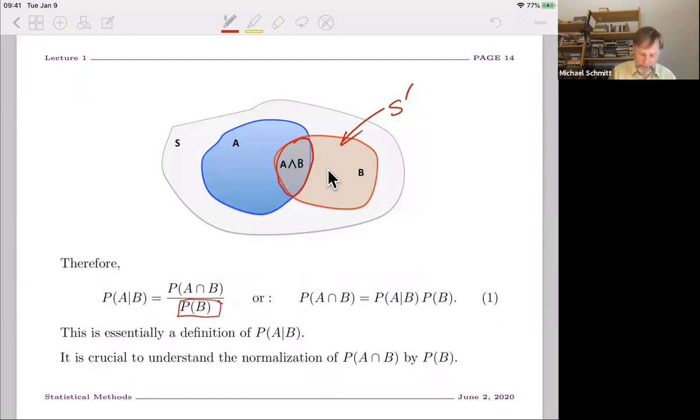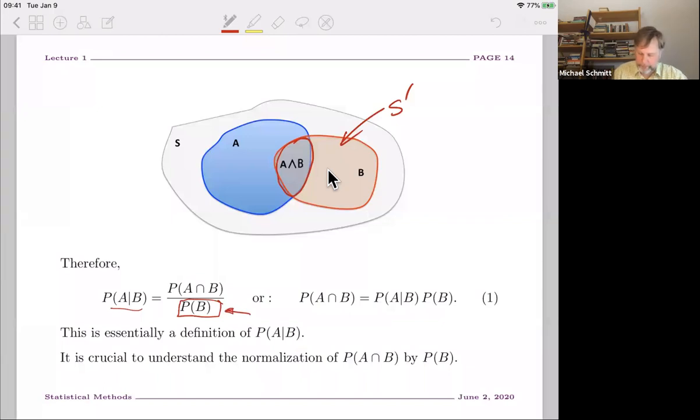Another way of seeing that we need this term in the denominator: if we just set A equal to B, then B intersect B is B, and the probability that B occurs, given that B did occur, has to be unity. So this only works out if we have this part in the denominator to take care of the fact that B already occurred. Okay, so this is the important point I want to make.